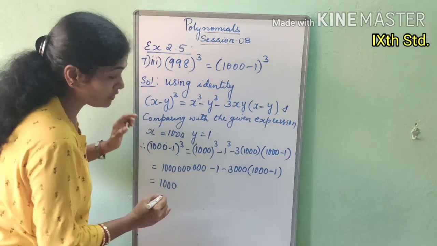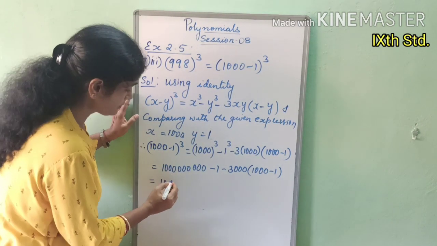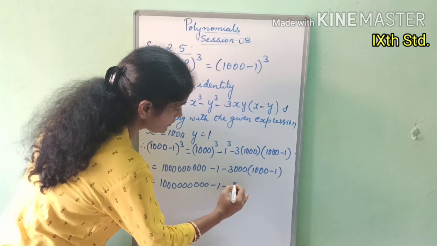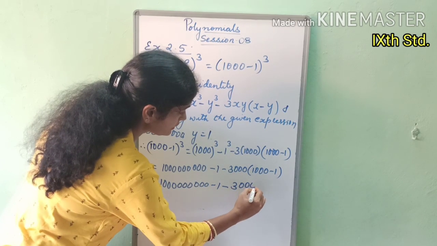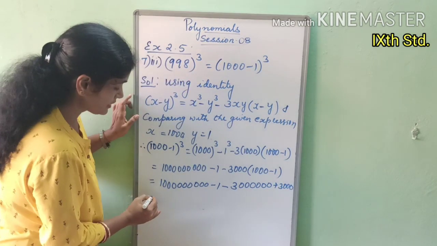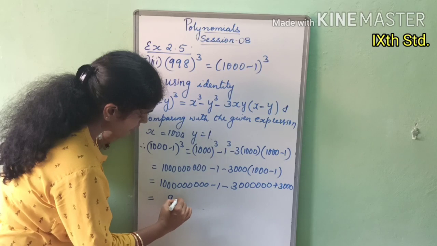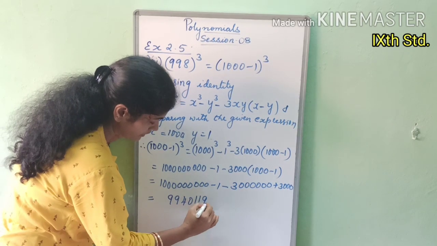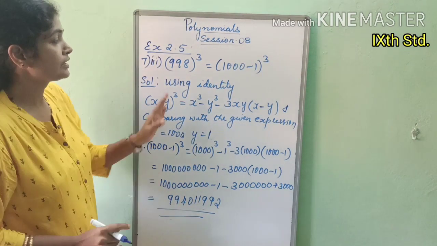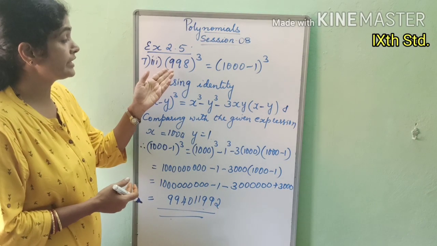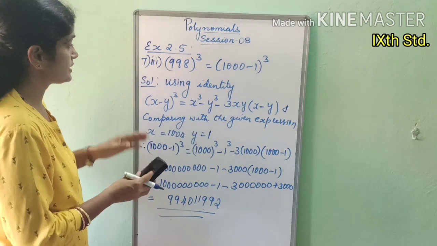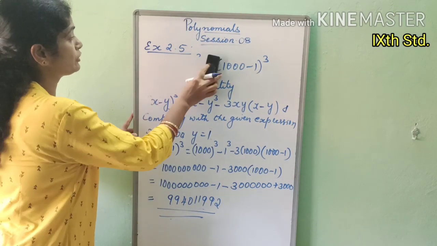If you are wrong with the zeros, your marks also become zeros. So 1000 cube has 1, 2, 3, 4, 5, 6, 7, 8, 9 zeros, and then minus 8 minus 6000 into 998. Now if you simplify this, you will get 994011992. This is the way of doing it. This 998 cube leads to this much. By this we come to the end of the 7th main question. Now let's see the 8th one.